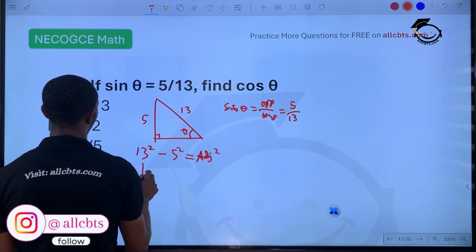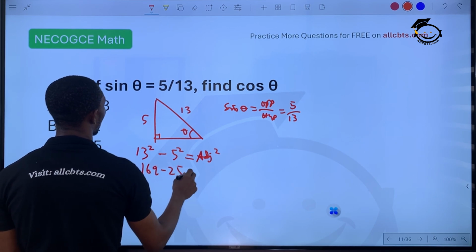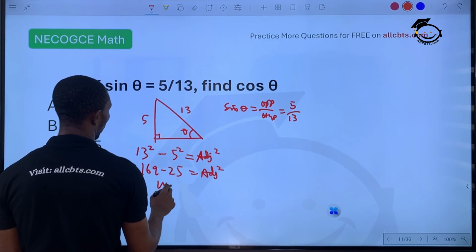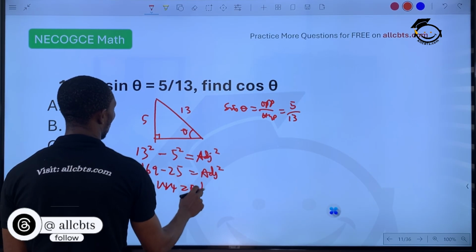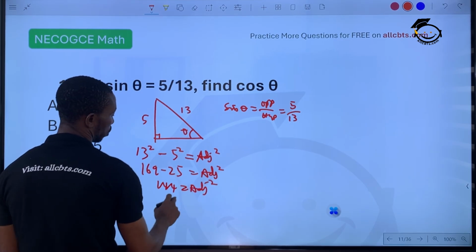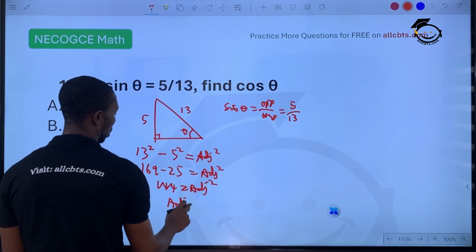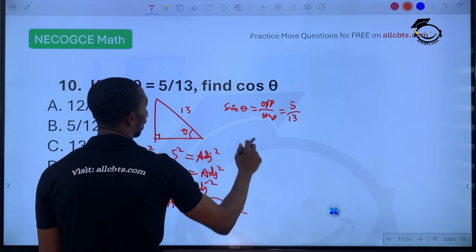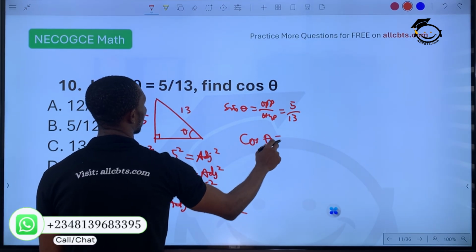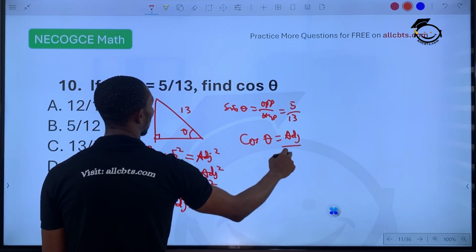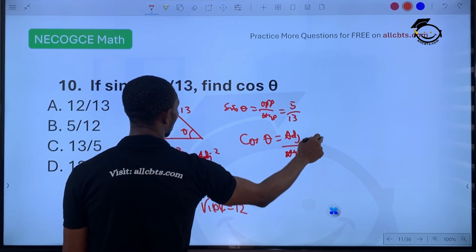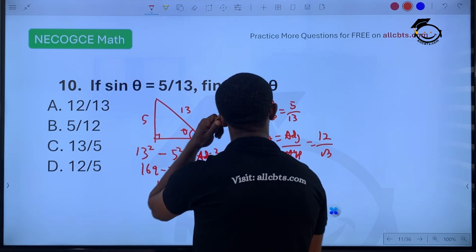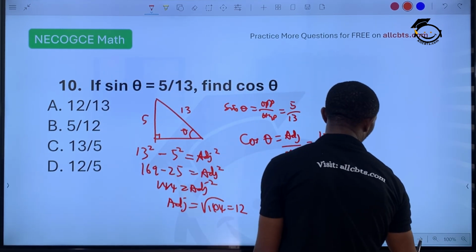So 13 squared is 169 minus 25, which is adjacent squared. This is 144 equals adjacent squared. So adjacent equals root 144, which is 12. And we know that cos theta is adjacent over hypotenuse. So adjacent is 12, hypotenuse is 13. So our cos theta will be 12 over 13.